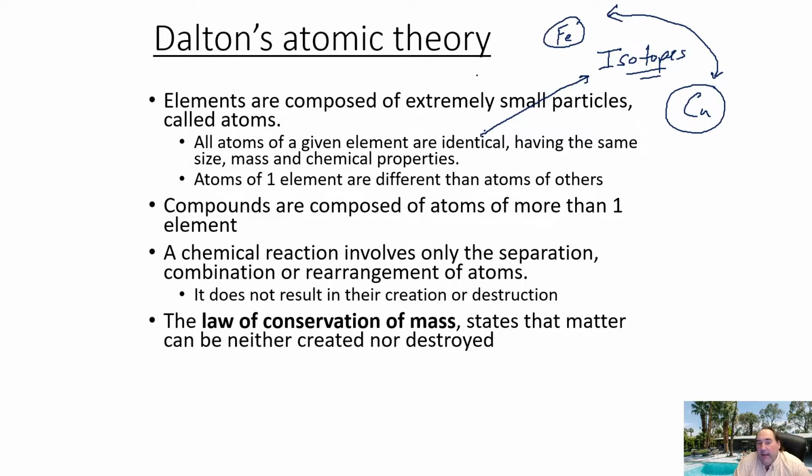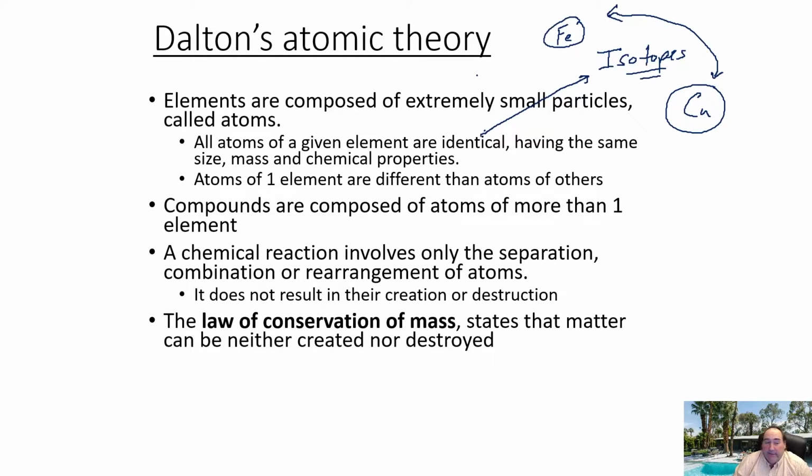A chemical reaction basically involves only the separation, combination, and rearrangement of atoms. It does not result in their creation nor destruction. So that is definitely true in chemical reactions, as we've talked about a little bit, I think, and we'll continue to talk about. And that's also the idea of the law of conservation of mass, which says that matter cannot be created nor destroyed.